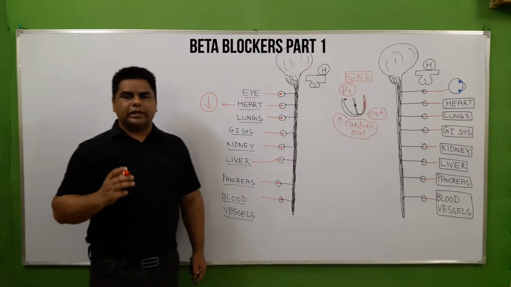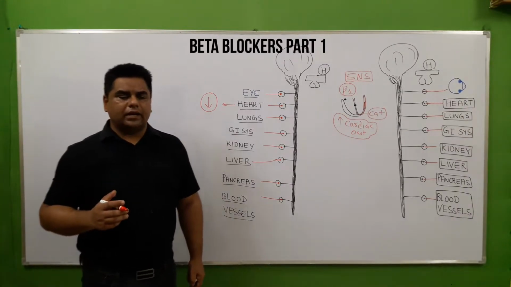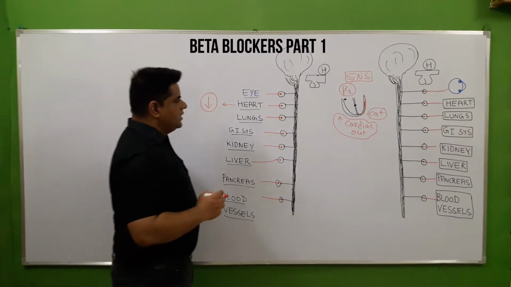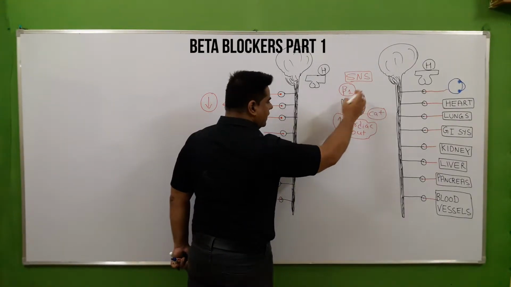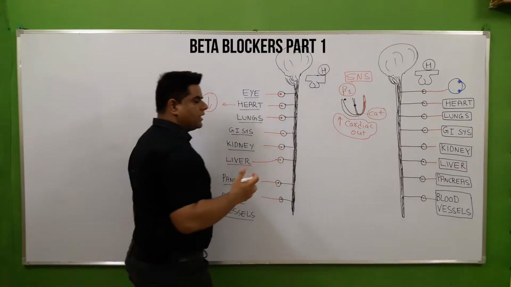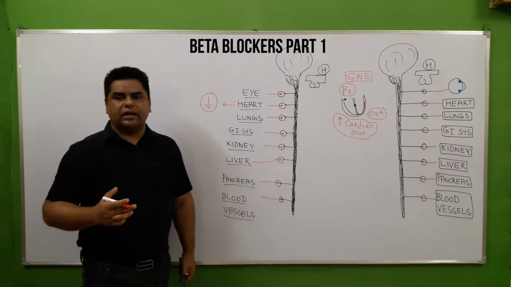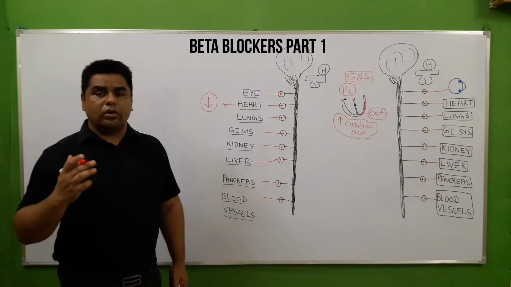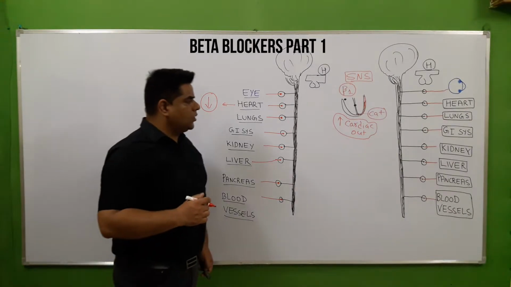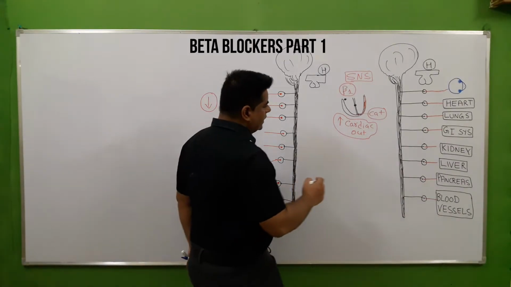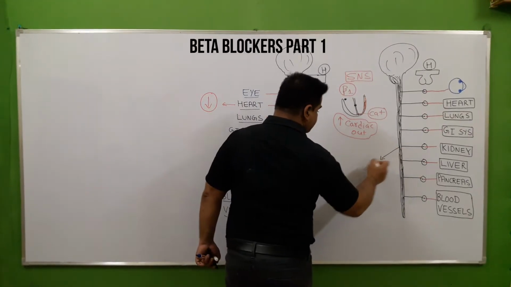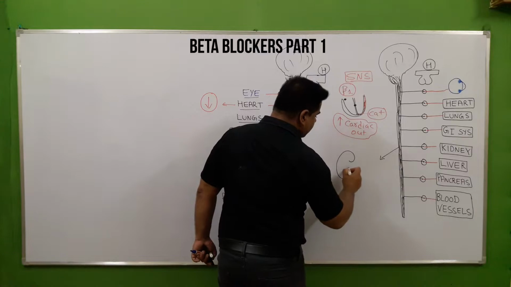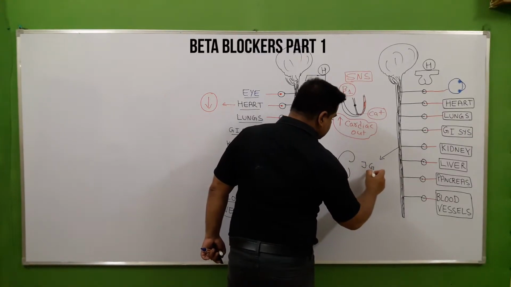So it is quite clear to all of you that beta 1 receptor blockers generally block the conduction system of the heart and the contraction of the heart and its myocardium layer.